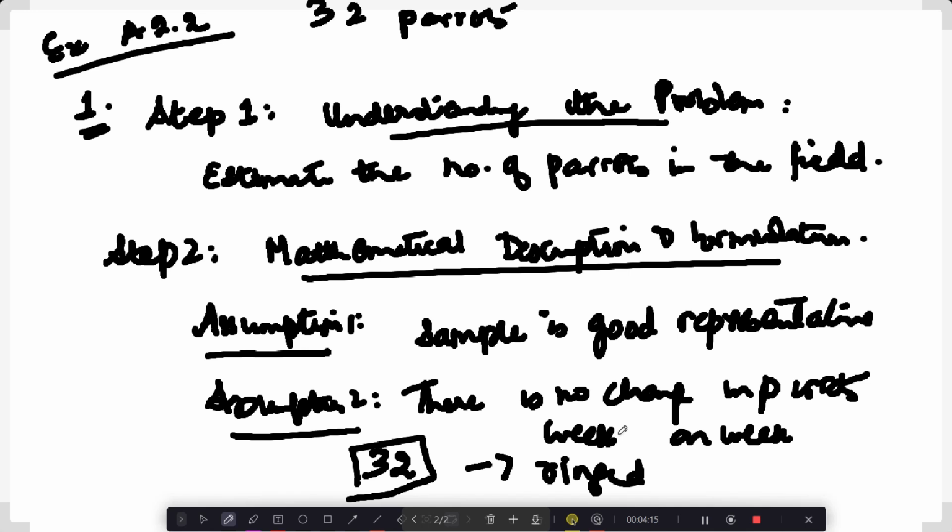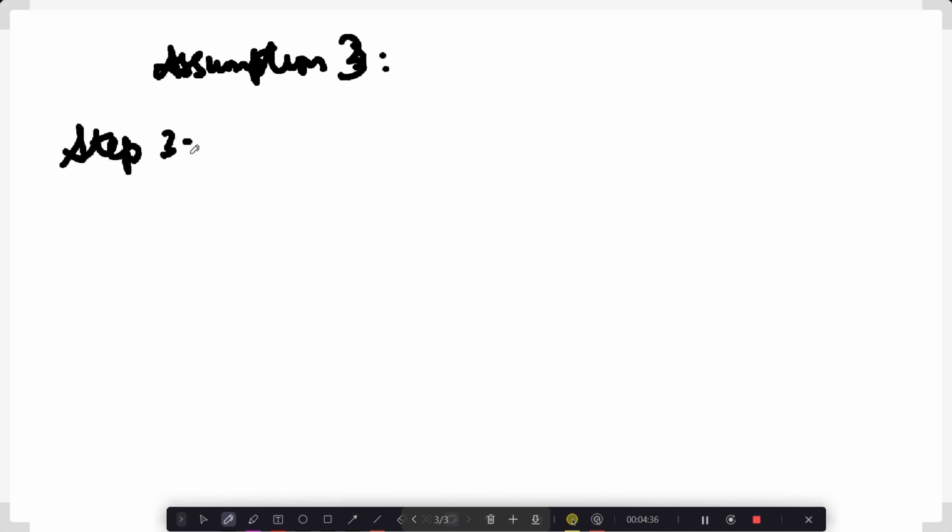So yes, assumption 3 is that when they are set free, they go ahead and mix properly, so that when we take out the sample, which is representative, they are all properly mixed. I guess it comes under the first assumption itself. Step 3 would be to solve the mathematical problem.